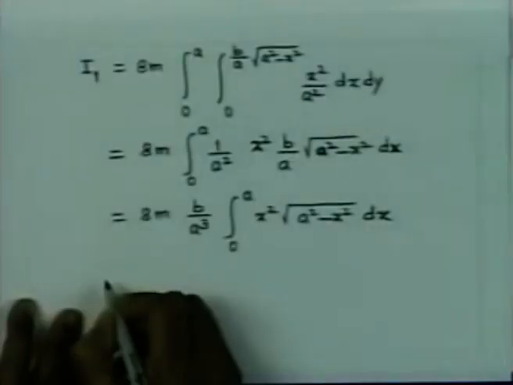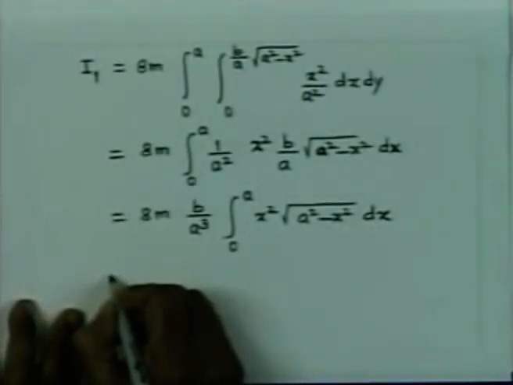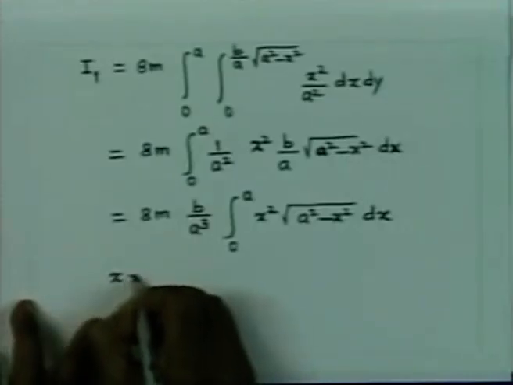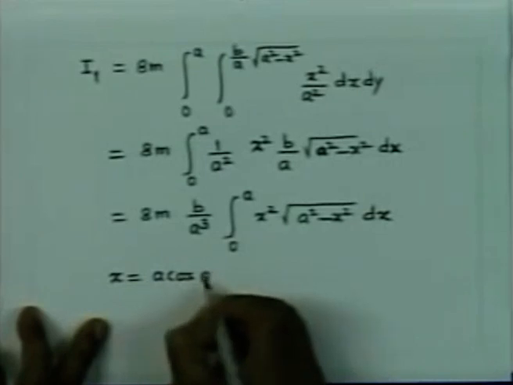Now, let us make this substitution: x is equal to a cos theta.